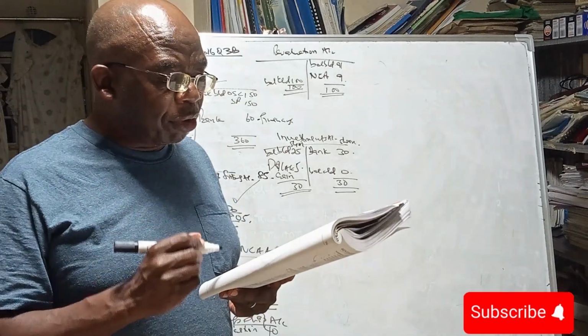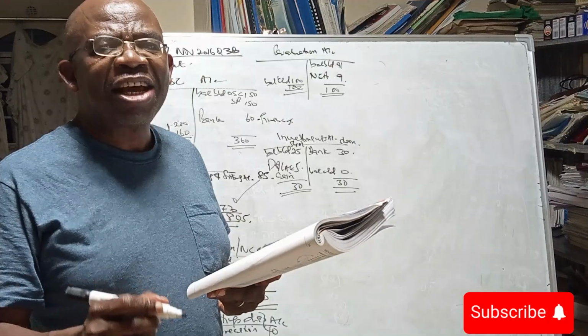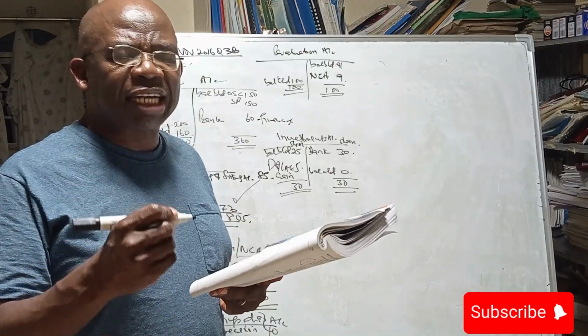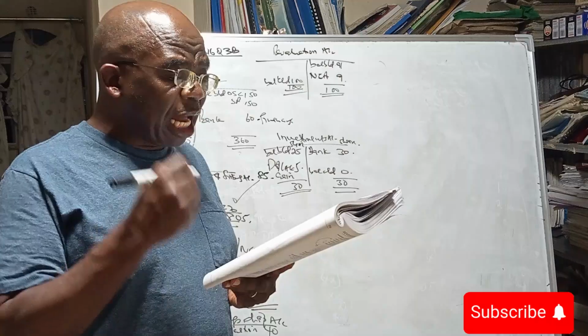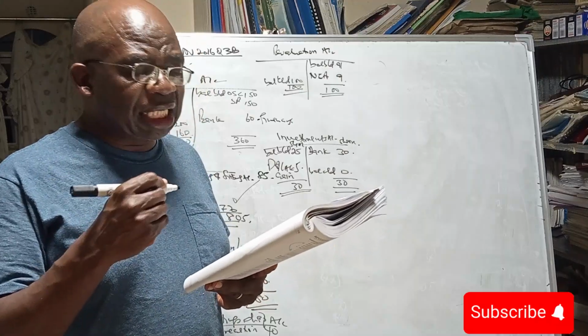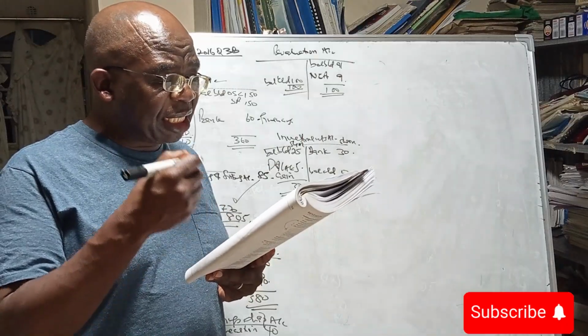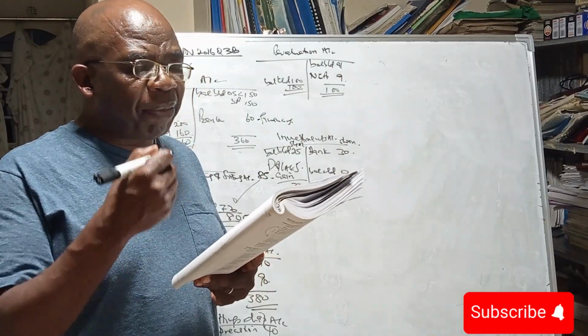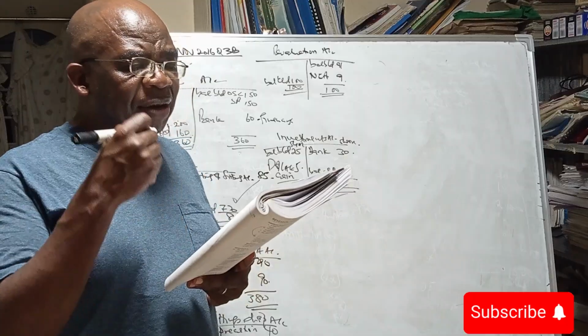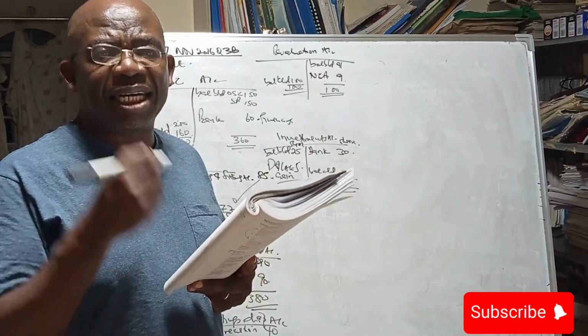Is it coming from short-term investments or from long-term investments? The short-term investments are the investments listed above bank, and the long-term investments are listed under non-current assets.